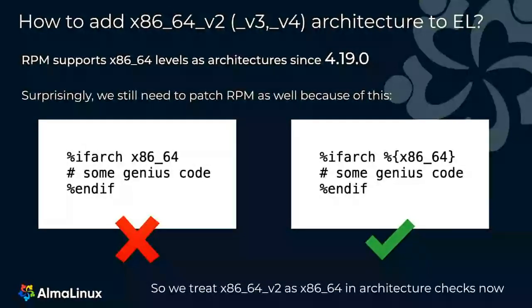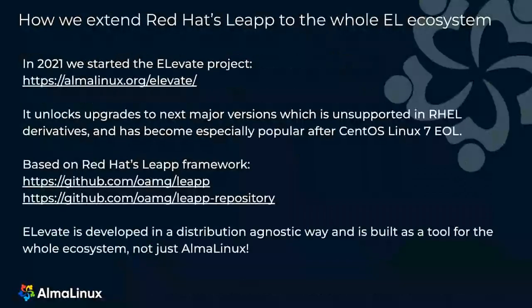It's supported in the latest version of Fedora and CentOS Stream 10, but no one uses this. So we had to patch RPM to just make v2 compatible with such conditions. For v2, this works in our case. But in general, it should be patched globally, starting from Fedora, I think, at some point.